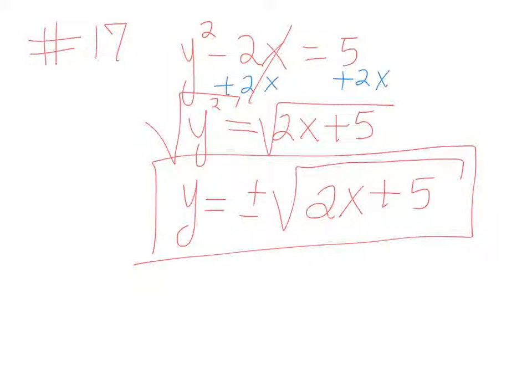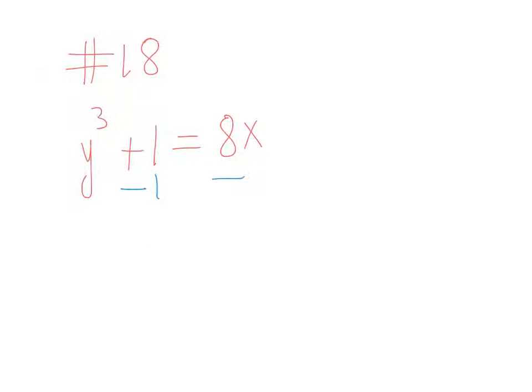Number 18. In problem number 18, you're also solving for y, and here you have y cubed plus 1 equals 8x. Okay, all you gotta do is just move the 1, minus 1, minus 1. So here you have y cubed equals, you always want to put the x term first and then the number.